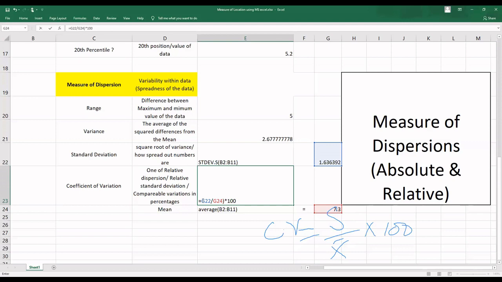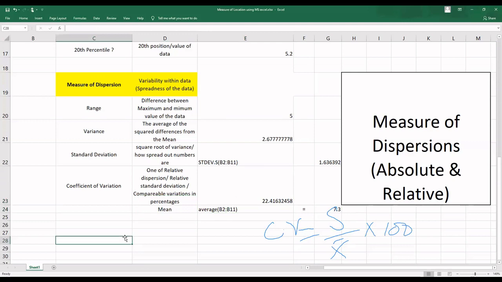This is the shortest way to find the coefficient of variation. You get 22.41% as the answer. It is already multiplied by 100, so 22.41% is your answer for the coefficient of variation.